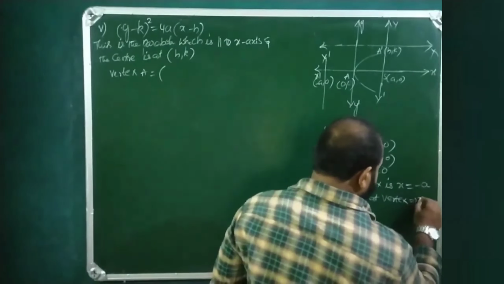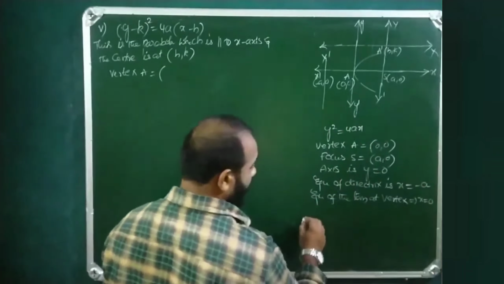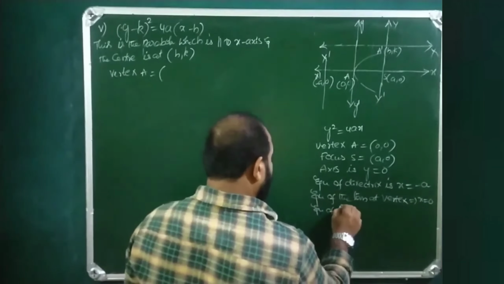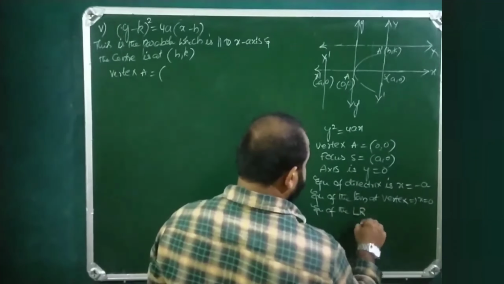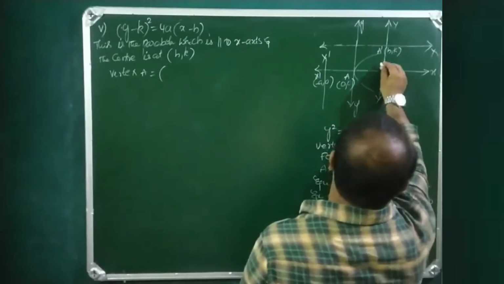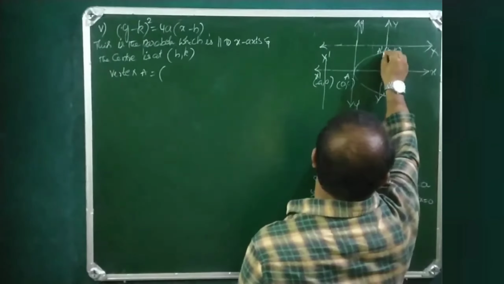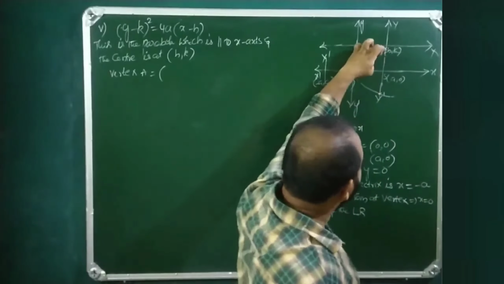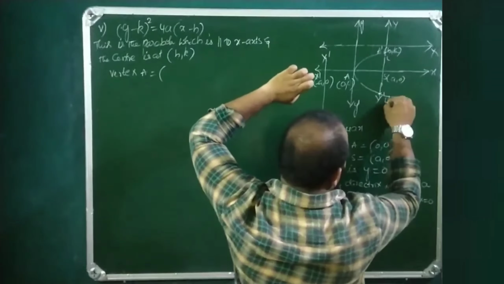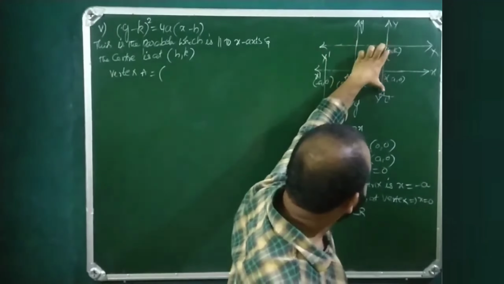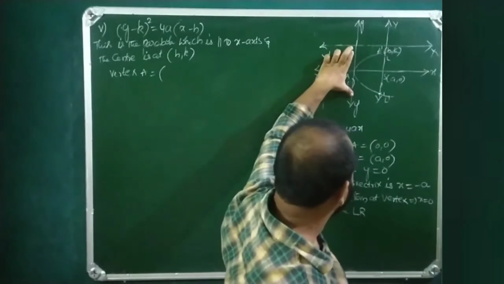The equation of the y-axis is x equals 0. And the equation of the latus rectum: this line is L, this is L dash. This is the line which is parallel to the y-axis.